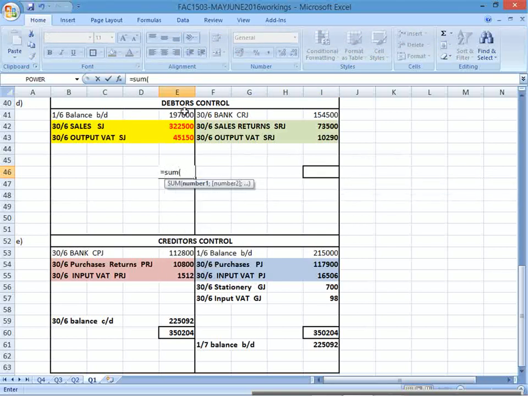Sum up. Sum up. We can see this side is bigger. Want the same amount on both sides. Take that total, subtract the credits, all of them, gives you the balance brought down. Carry down, brought down.